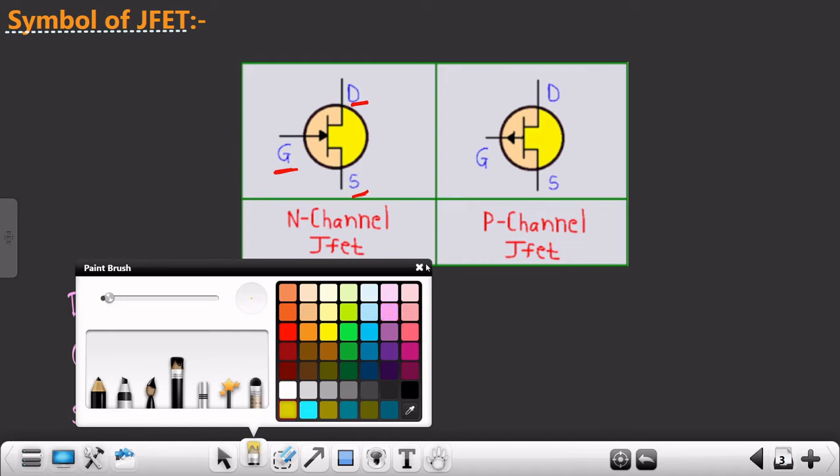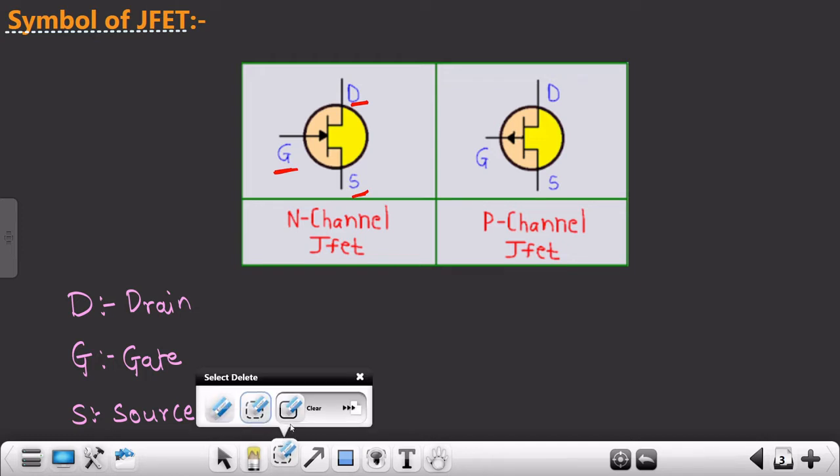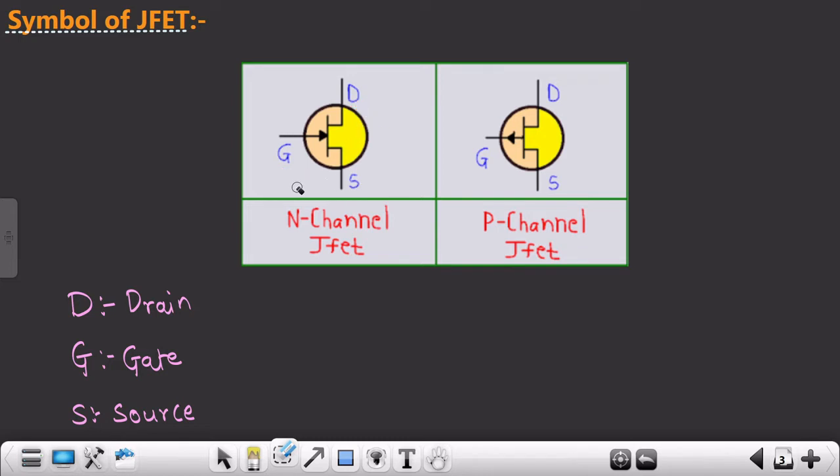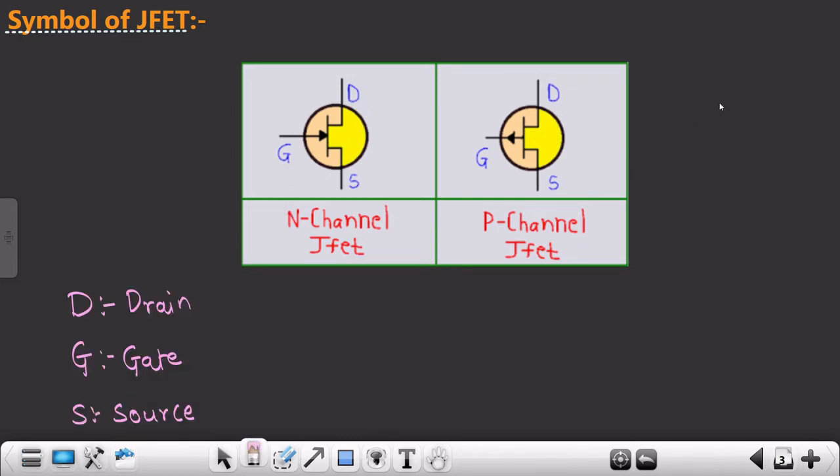Now if anyone asks you what exactly a transistor is, or the basic function of a transistor, now that we have a good idea about the transistor, especially the BJT, let me just draw the symbol of BJT. So this was the symbol of BJTs, right?